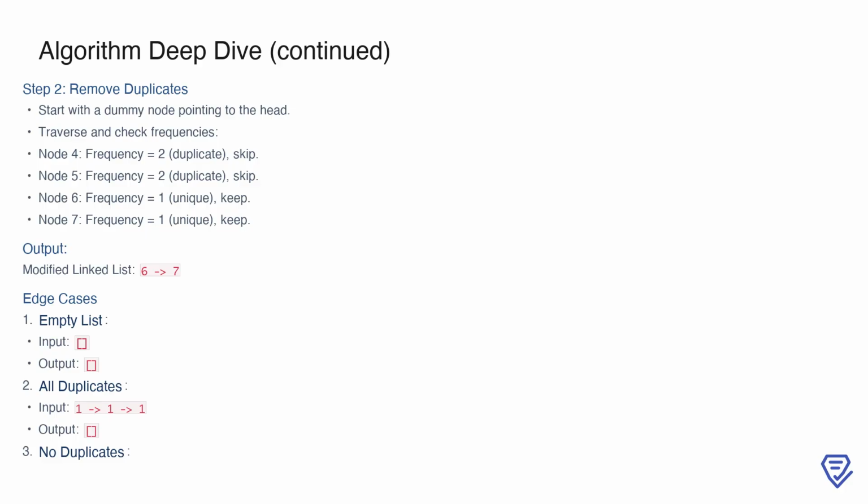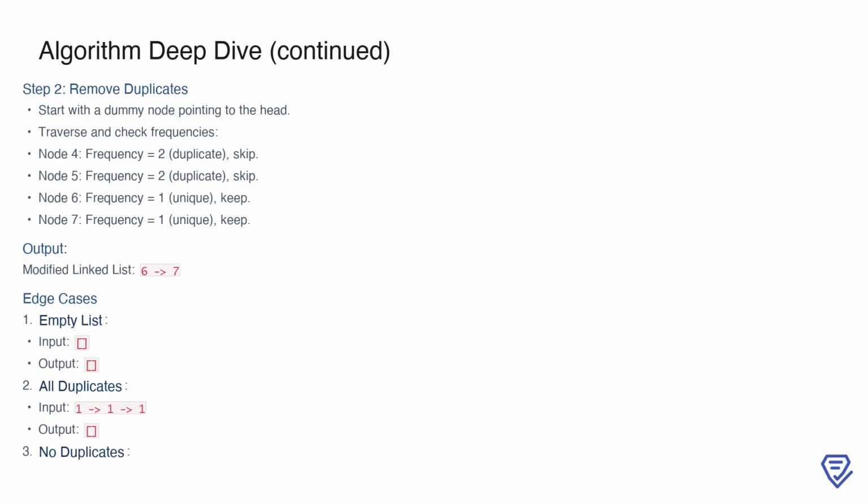The third node has the value 6, which appears only once, so we keep it. Similarly, the fourth node has the value 7, which also appears only once, so we keep it. At the end of this traversal, the modified linked list contains only the unique values, 6-7. This process ensures that all duplicates are removed while preserving the relative order of the distinct elements.